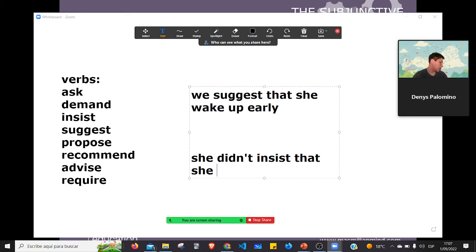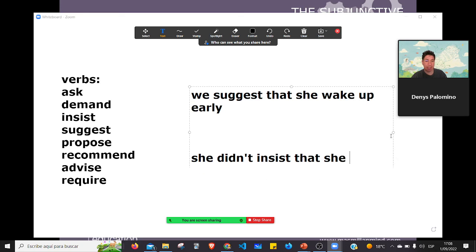This is the negative. She didn't insist that she brush her teeth.